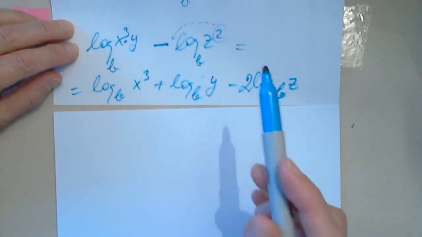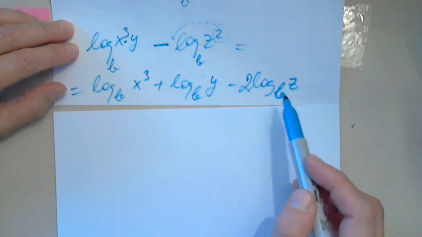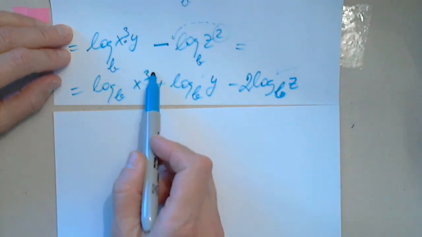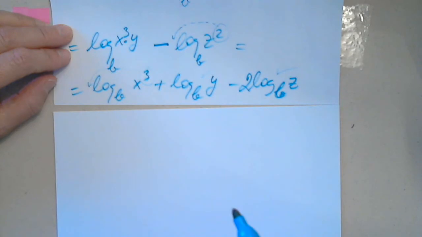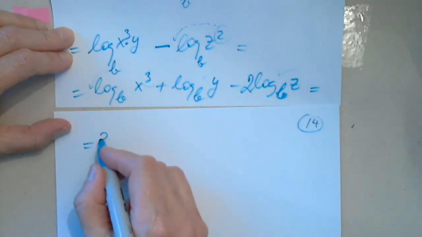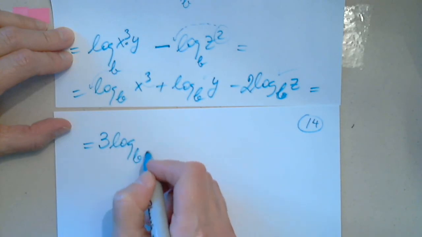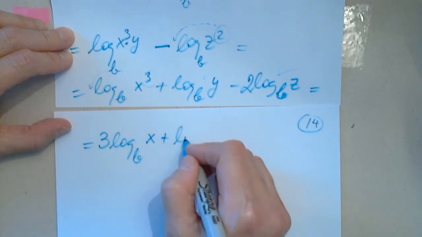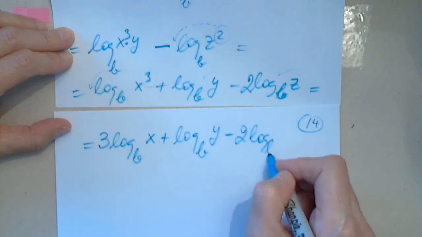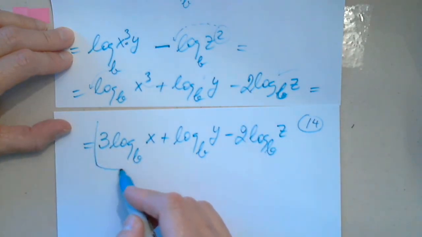Yes. This is completely expanded, the simplest possible form. But this one has the power rule that can still be applied. So then my final answer will be 3 log base b of x plus log base b of y minus 2 log base b of z. And this is final.